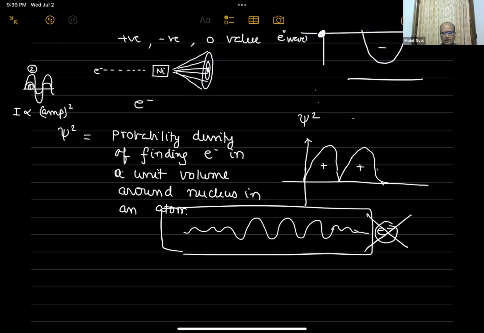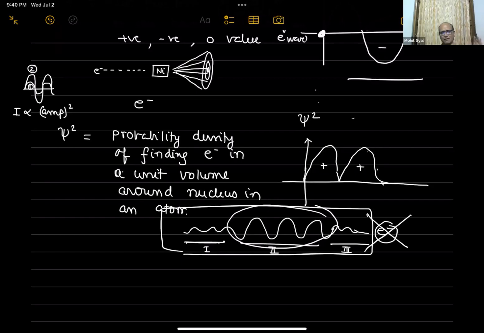I will divide this part into three parts: first part, second part, or the third part? The second part, because it has more amplitude. Yes, more amplitude, so the square of the amplitude.